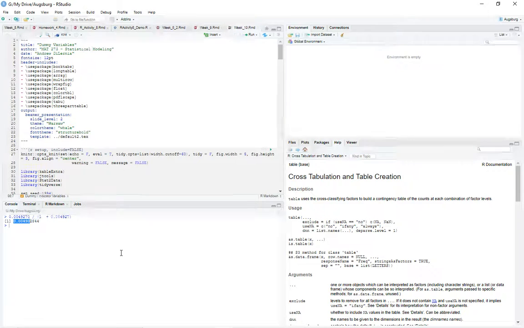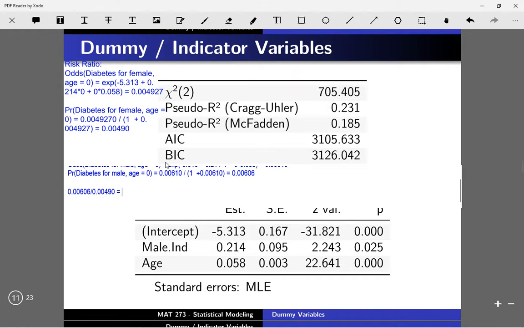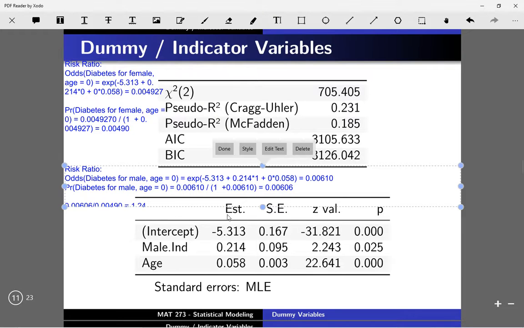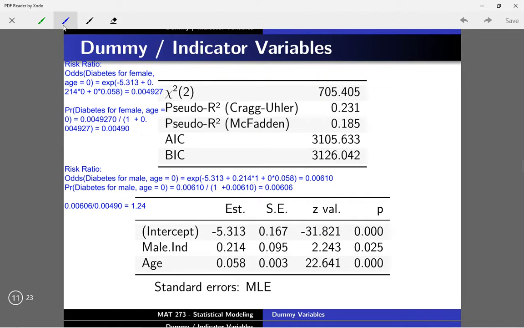And lastly, calculating this value in R, we get about 1.24 if we round. All right, so this 1.24 is our risk ratio here. After all that work, that took a lot of work. There's our risk ratio.